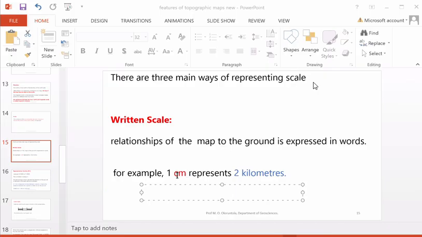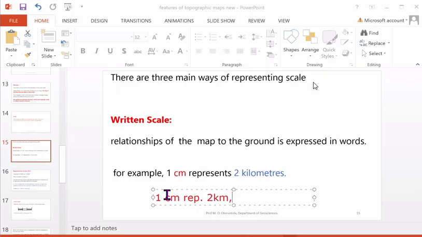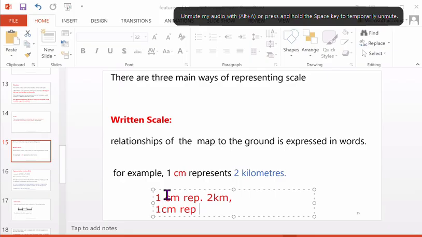So this one says 1 centimeter represents 2 kilometers. It is the same thing as 1 centimeter representing what is 2 kilometers in meters. 1 kilometer is 1,000 meters, so 2 kilometers is 2,000 meters.